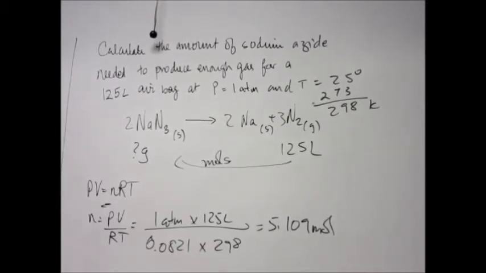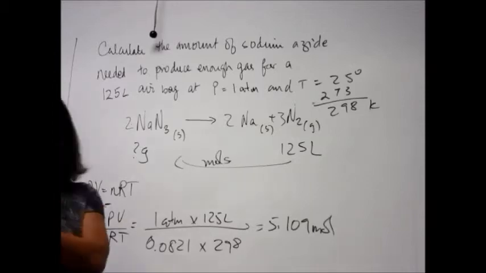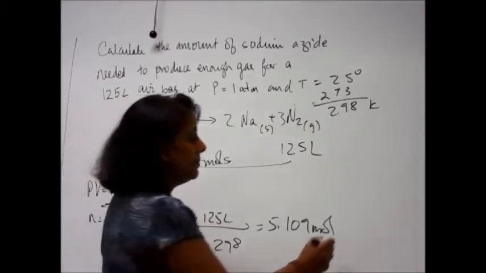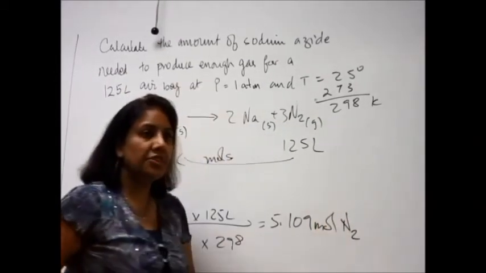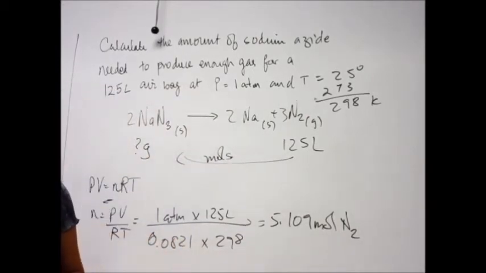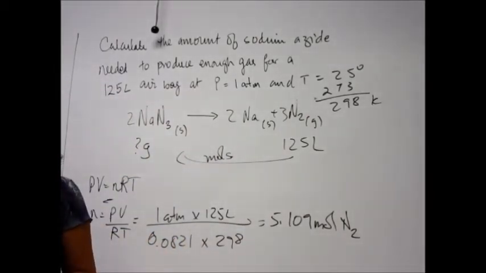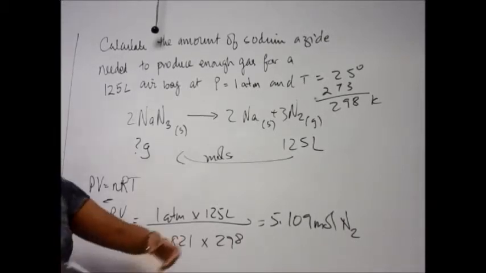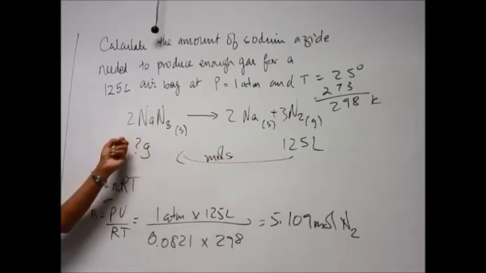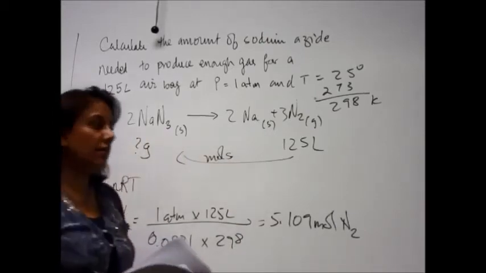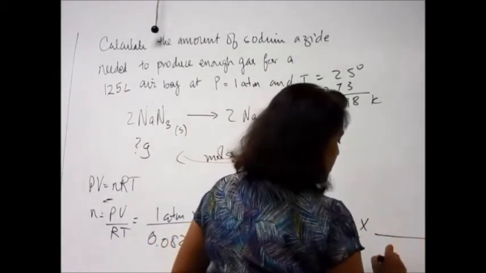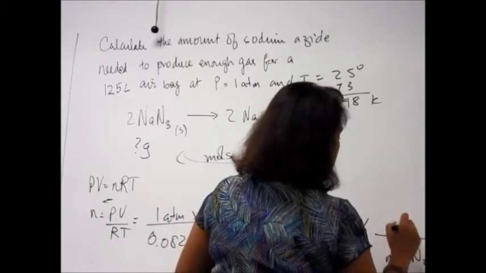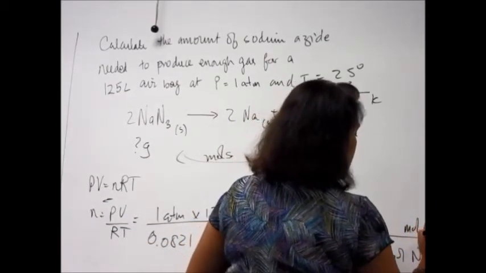Once you have the moles, what is my next step now? This is moles of nitrogen that you just calculated. So what do I do next? Mole ratio. And the mole ratio will be to sodium azide, because that's what I'm calculating for. Very good. So moles of nitrogen down here, moles of sodium azide.